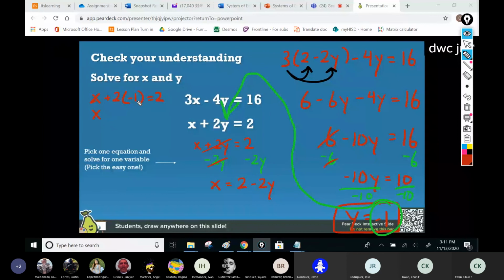Positive 2 times negative 1 is negative 2. Then plus 2 on both sides, you will get your answer. That's the other answer. Make sure you give me both. I need to see both answers, both the x and the y.